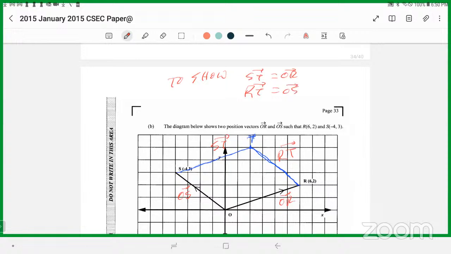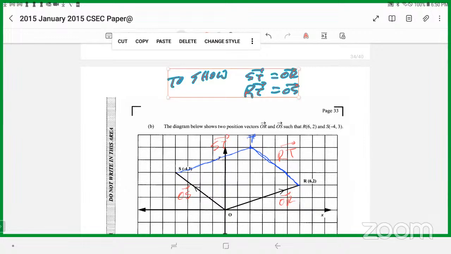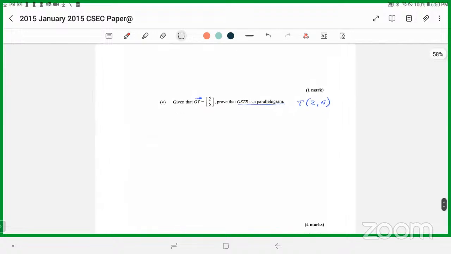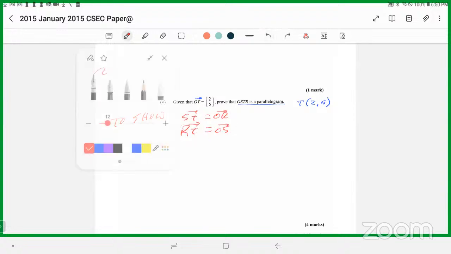That's what we need to show it's a parallelogram. Let's copy this down, telling the examiner how we're going to show that it's a parallelogram. That's what we're required to show. So we need to calculate ST, show that it is OR, calculate RT, show it is OS. Let's do it now. So tell them what we need to show.